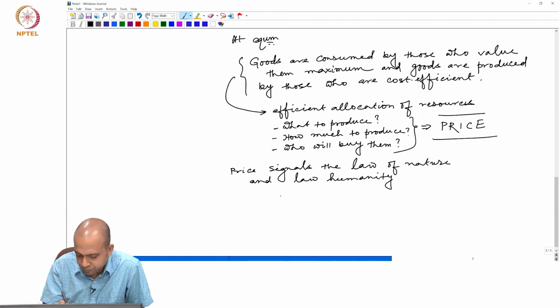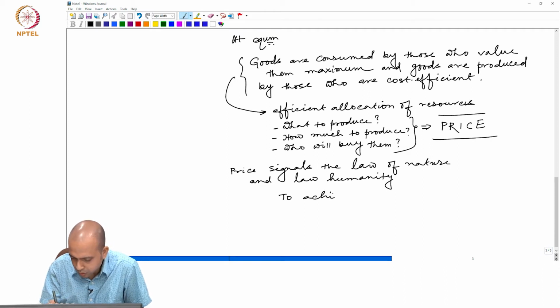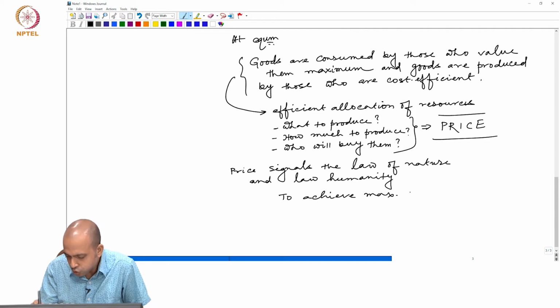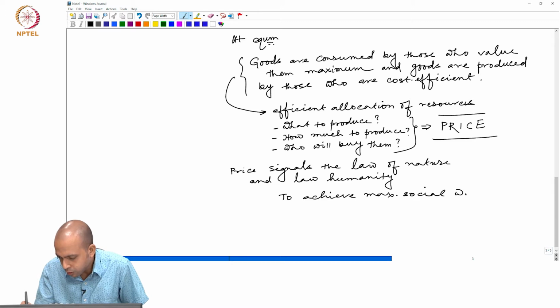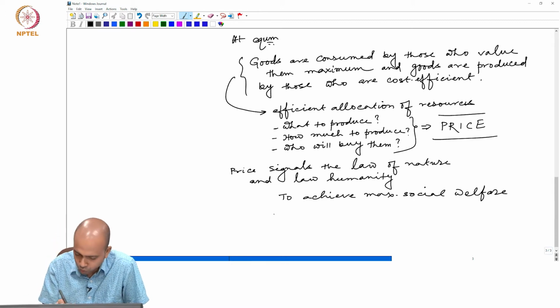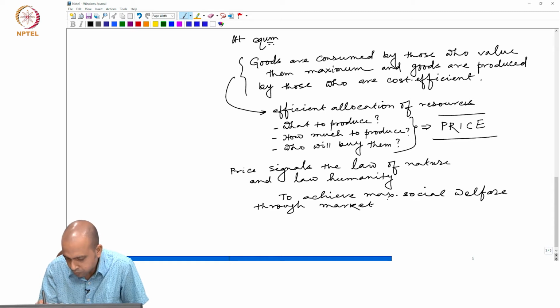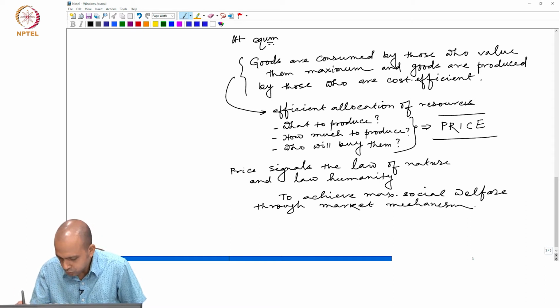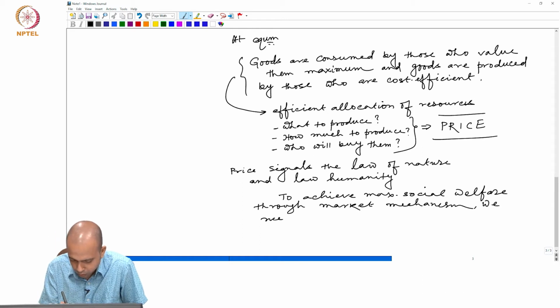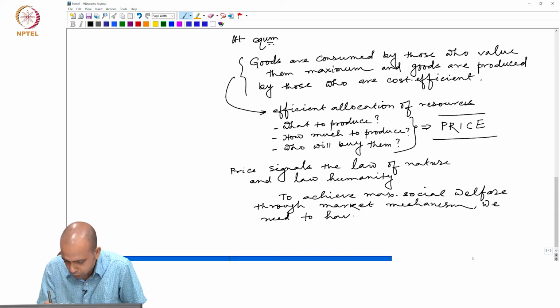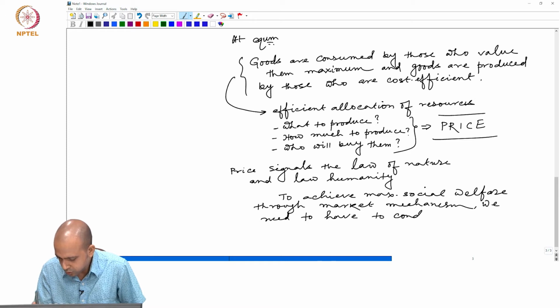To achieve maximum social welfare through the market mechanism, we need to have two conditions satisfied.